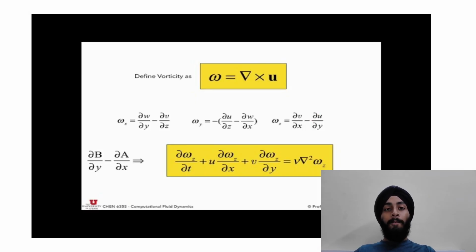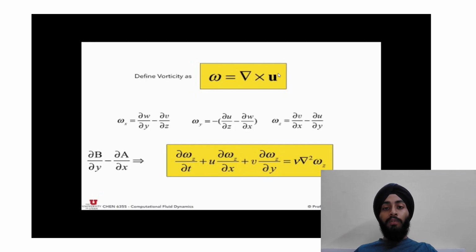So this is the Navier-Stokes equation that I will be using. The Navier-Stokes equation is actually a set of three partial differential equations, which includes the x component of velocity, y component of velocity, and z component of velocity. But we usually condense it into a single partial differential equation by defining the vorticity.